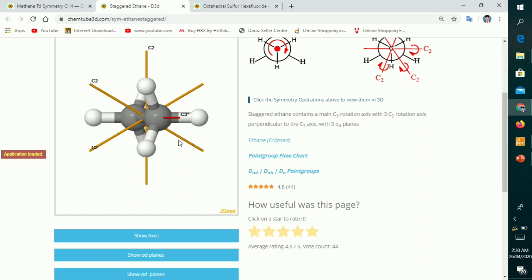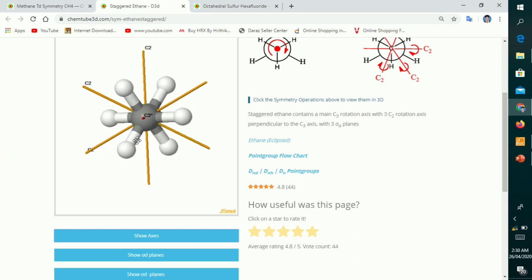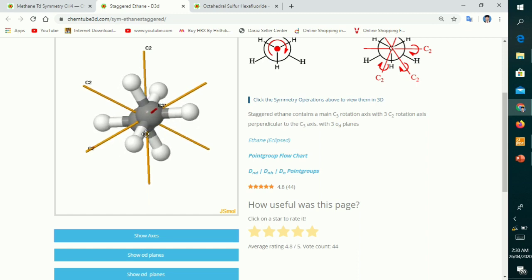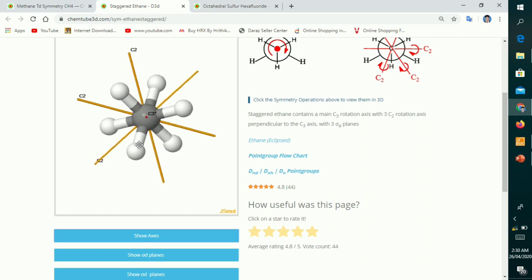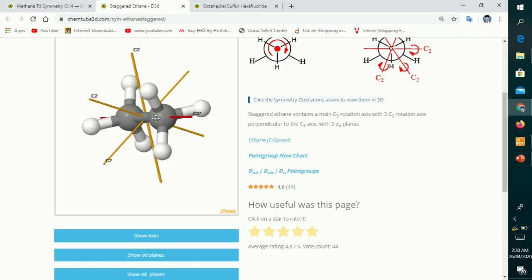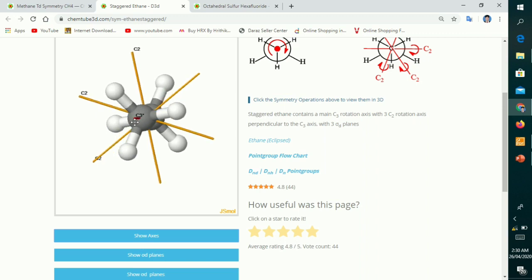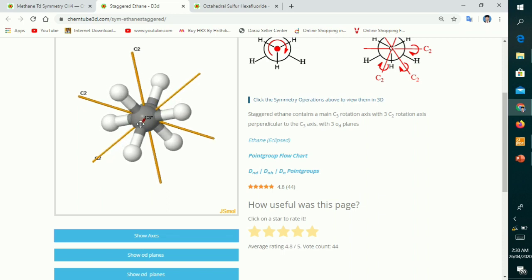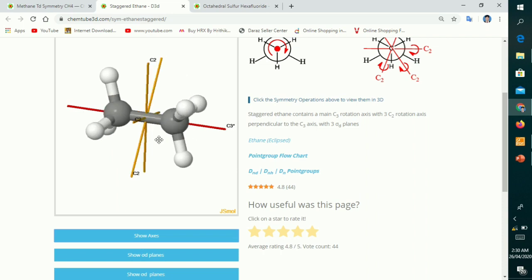So the axis of rotation, we need to know. This is the C3 rotation, and this is the axis of C3 rotation in this staggered molecule, and this is the same axis of rotation for C3 twice. So this is the same C3 axis of rotation for C3 twice also. So we know that there were 3 C2 present in staggered ethane.